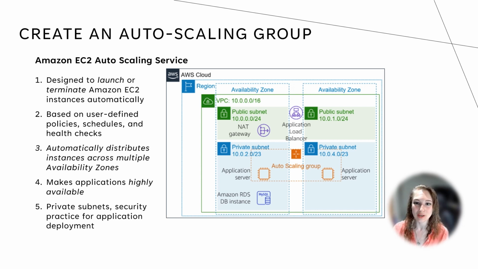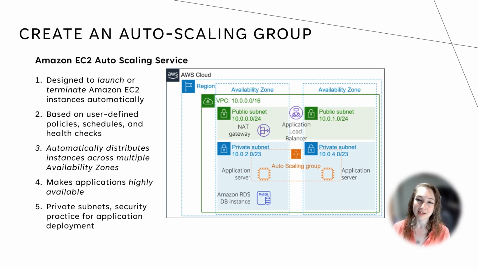This is showing how to create an auto scaling group that deploys EC2 instances across the private subnets, which is best practice for application deployment. Instances in a private subnet cannot be accessed from the internet. Instead, users send requests to the load balancer, which forwards the request to the EC2 instances in the private subnets.